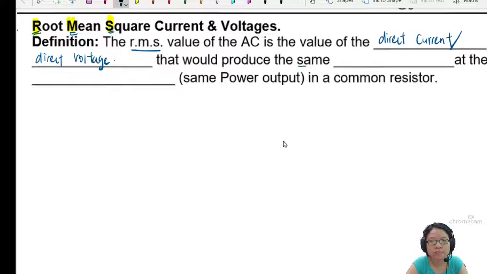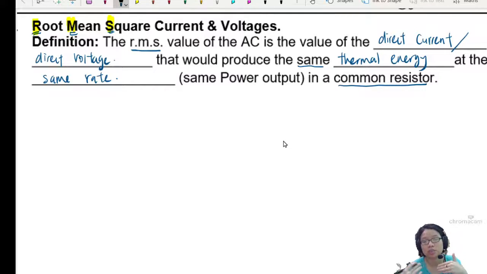That will produce the same heating effect, or produce the same amount of thermal energy at the same rate, aka same power output, in a common resistor. So what does this mean? This means that if I have an alternating current and I pass it through a resistor, the resistor will heat up the same amount as if it is connected to a DC.